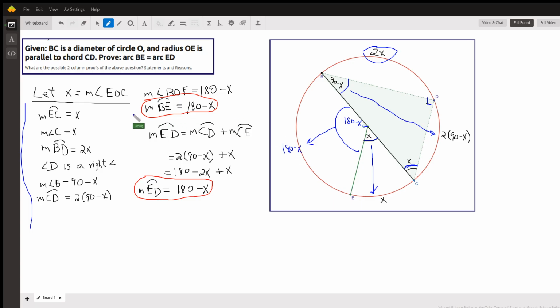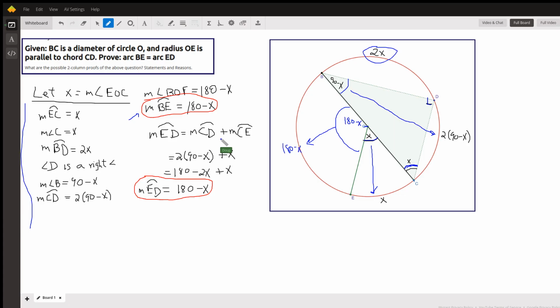Okay, and so what's left to prove is that the measure of arc ED is the same as the measure of arc BE. But the measure of arc ED, which goes from here to here, is EC plus CD, because C is between E and D on the circle.